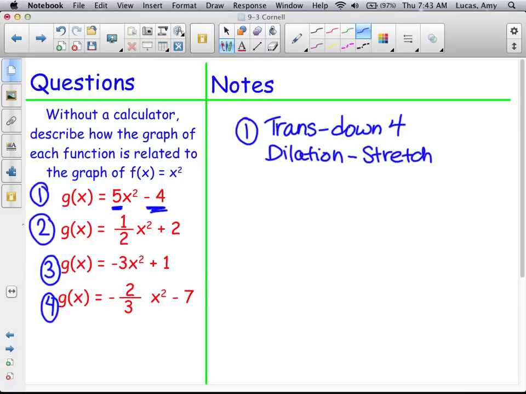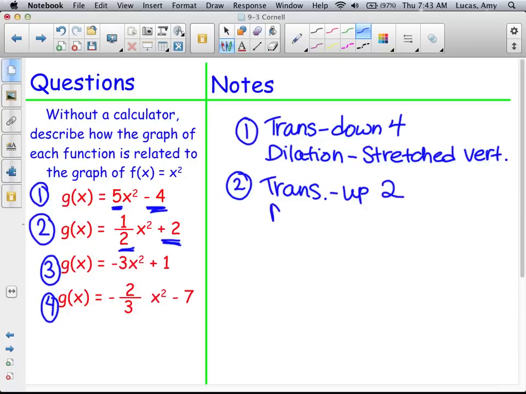So 2 things are happening to this quadratic. On number 2, we have 2 things again. The +2 means it's a translation, and it's going up 2. And the 1/2 means it's a dilation, but because it is less than 1, it's compressed vertically.